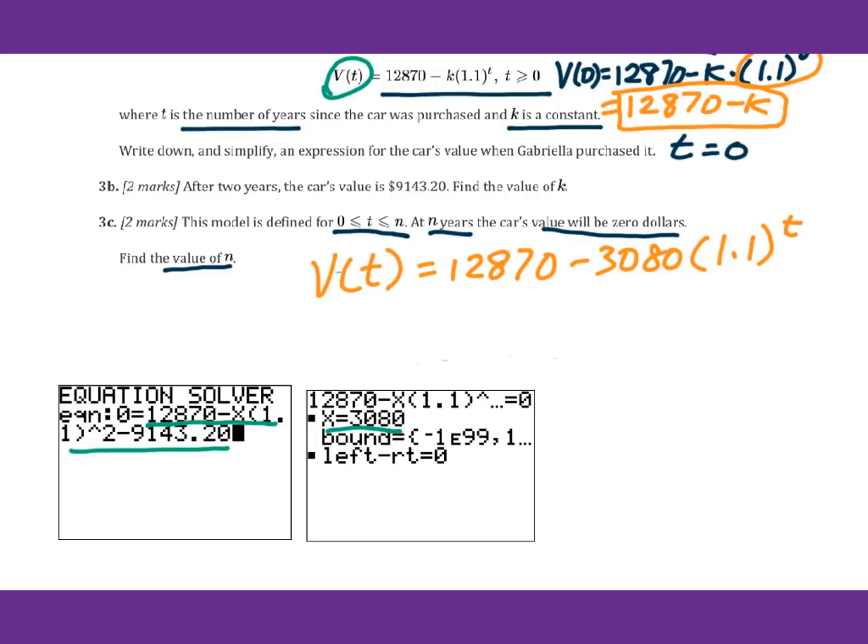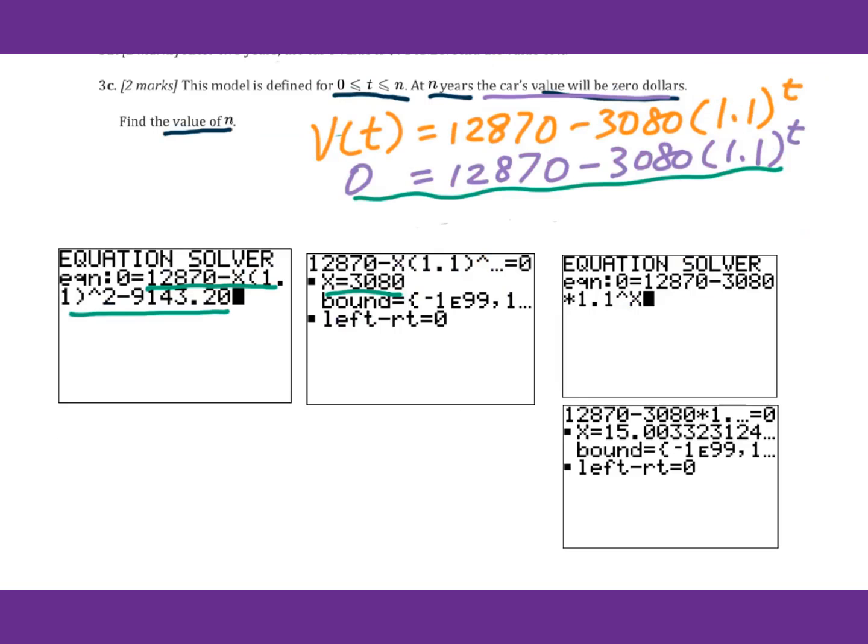The car's value is 0, which means this is 0. 12870 minus 3080 times 1.1 to the tth power. We still use equation solver to solve this equation. You will plug into equation solver like this. This t equals 15 years.